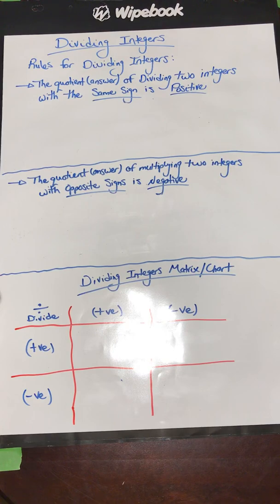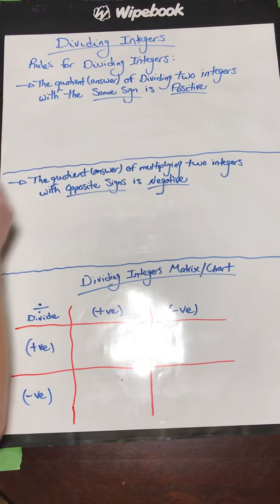Today we're going to be talking about dividing integers, and similar to multiplying integers, there are some rules for dividing integers. The first is that the quotient, or the answer, of dividing two integers with the same sign is positive.